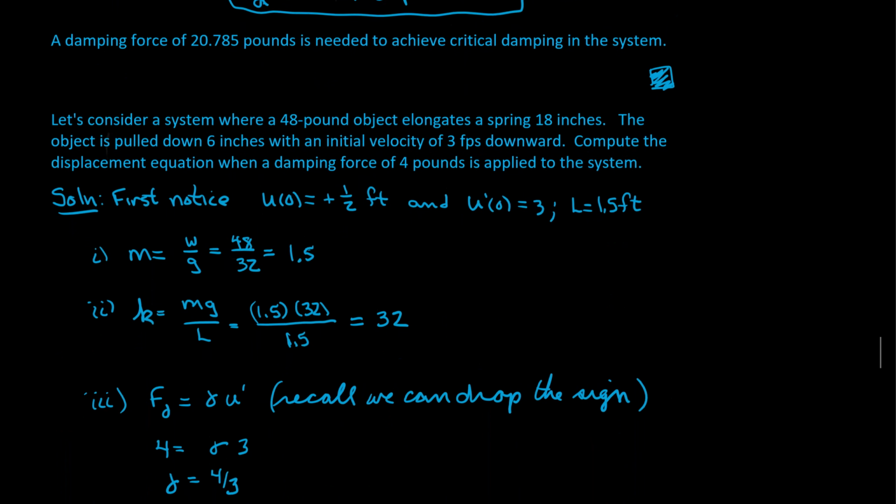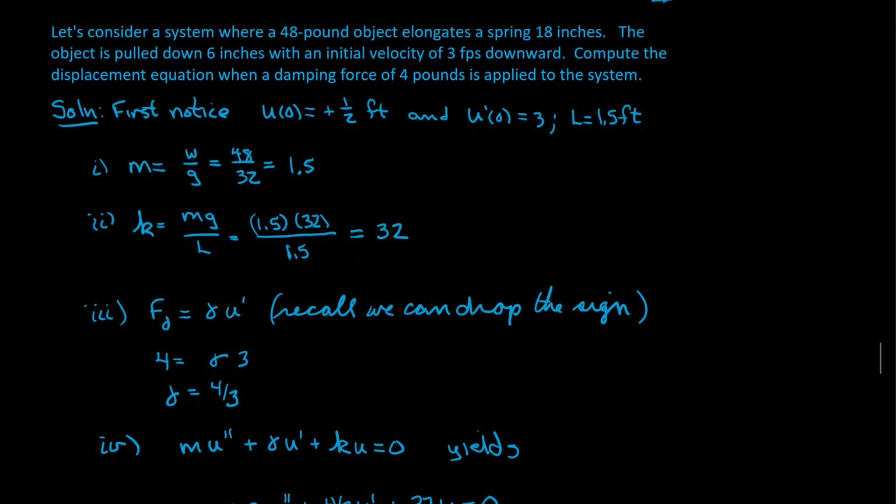Let's take a look at another situation. Let's consider a system where you have a 48-pound weight that elongates a spring 18 inches. The object is pulled downward with an initial velocity of 3 feet per second. Now, before we get going on much of anything, it's really wise to first list what are the values that you're given initially.